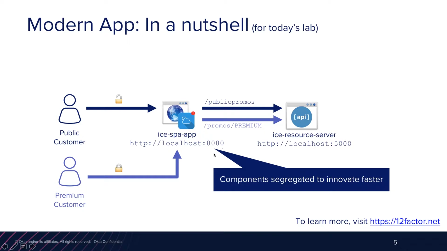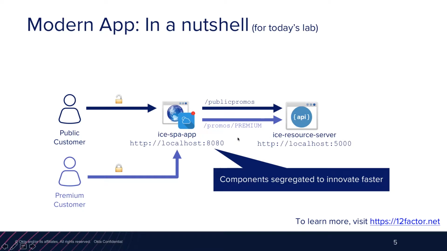So why segregate? Because customers are using different UIs. It might be a web application, or a mobile app on iOS or Android, and you want to innovate faster, so you can build different UIs and still consume the same business logic.